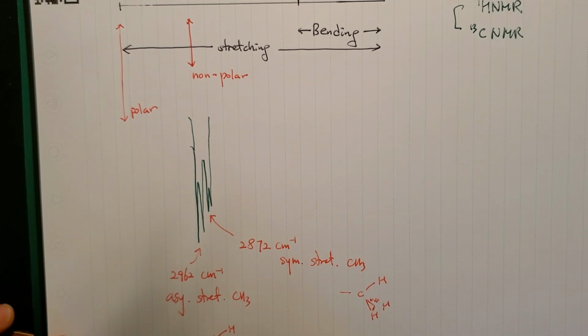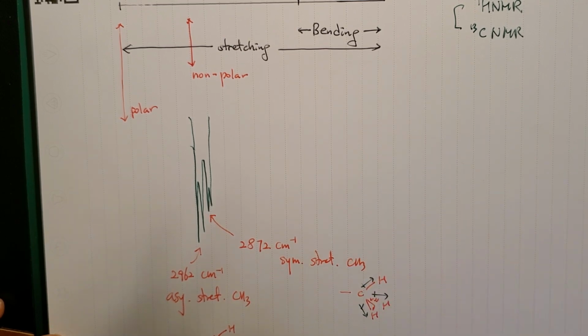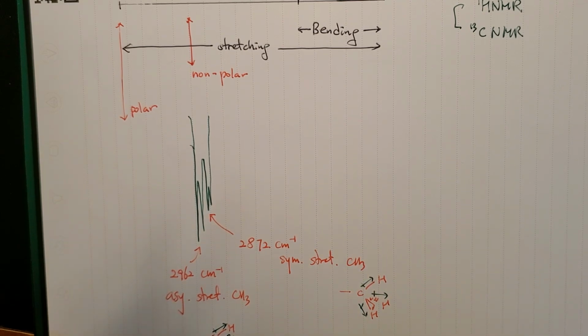And their vibration mode is like for symmetric, first, all the bonds are stretching out together and then stretching back in together. That mode is giving somewhat lower frequency because it's a little bit easier. And here, when you have this one stretching out, the other two stretching in, and when this comes back and these are stretching out, that kind of stretching vibration, the asymmetric stretching vibration, is giving upper 2900.